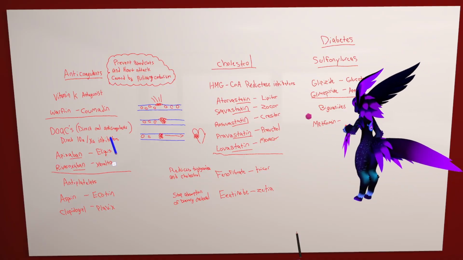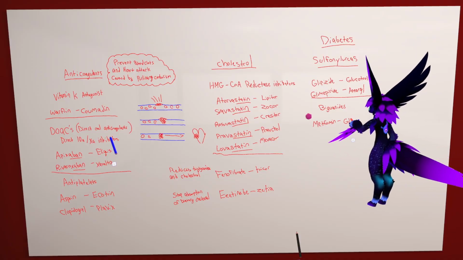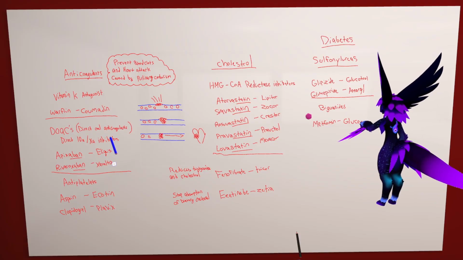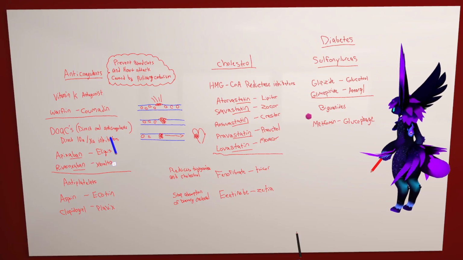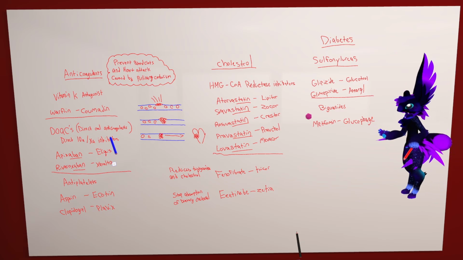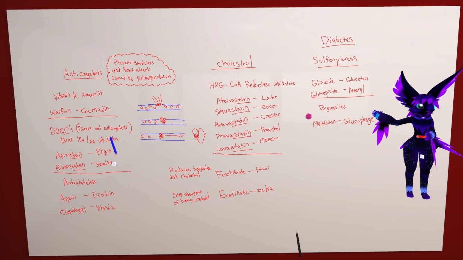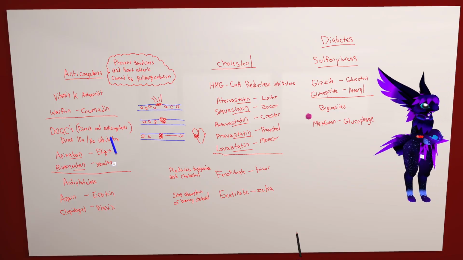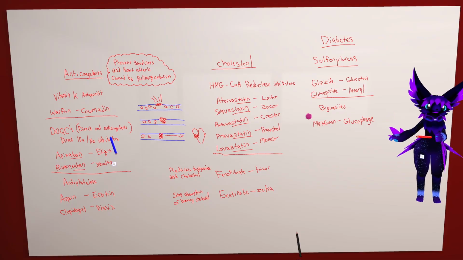And this one's brand name is Glucophage. Okay, that's coming off the page a little bit, but we're working on it. Hopefully we could all see this. I know me writing it like this is kind of hard to see, but we have these medications now.